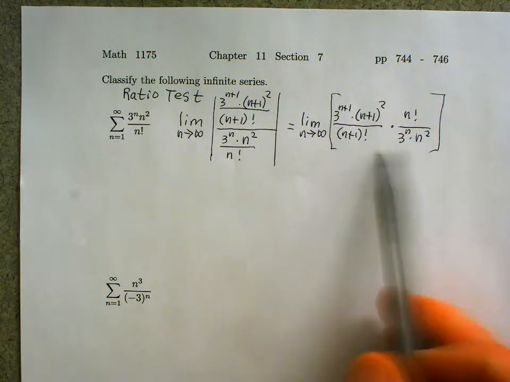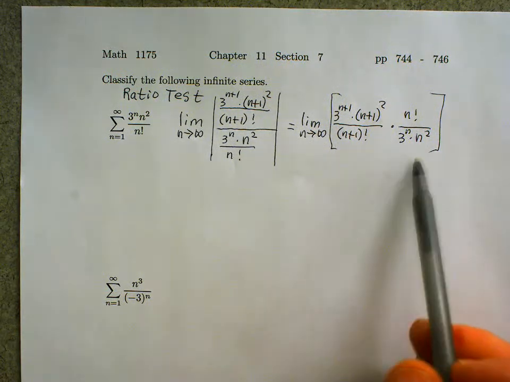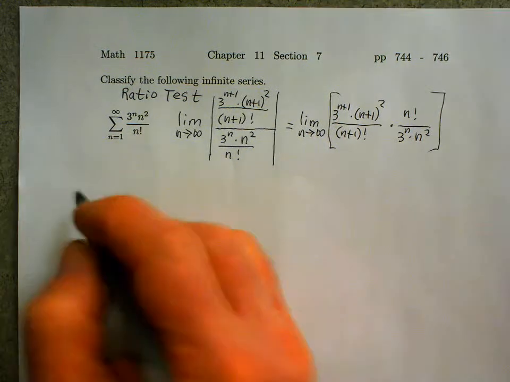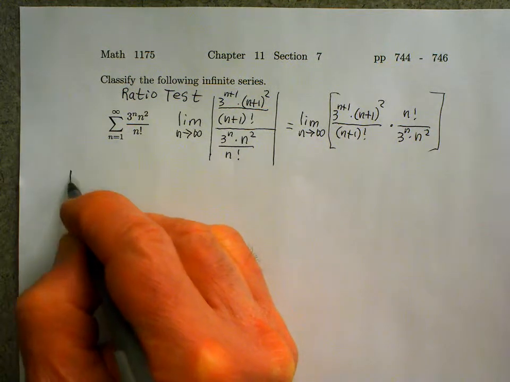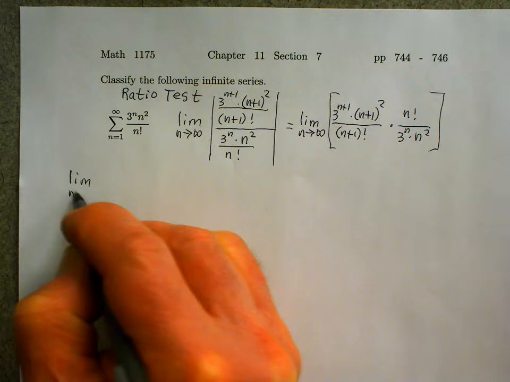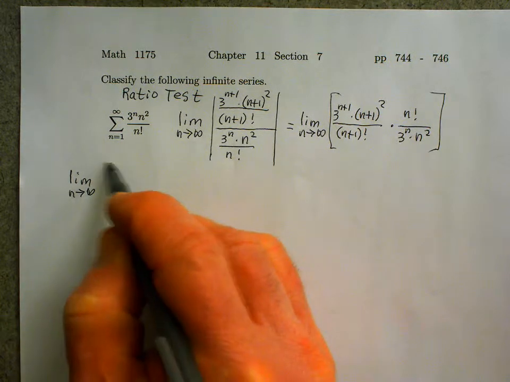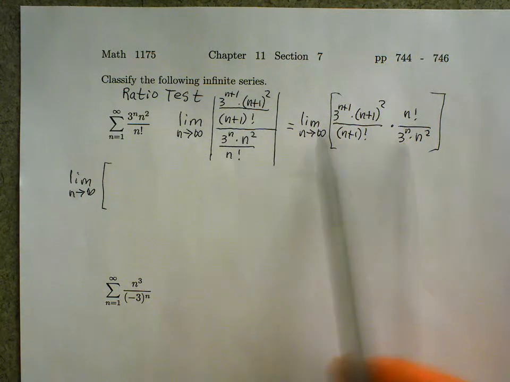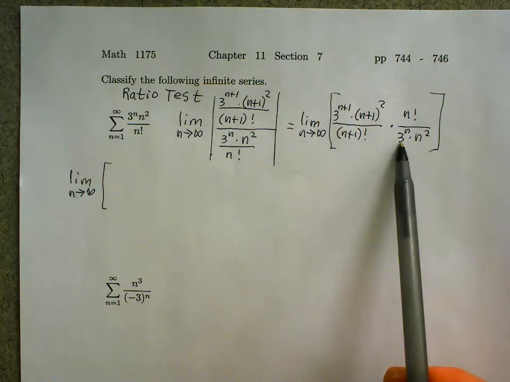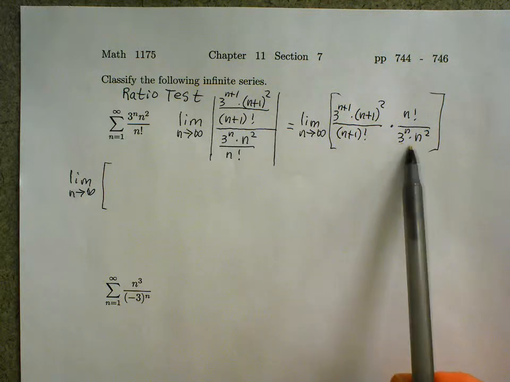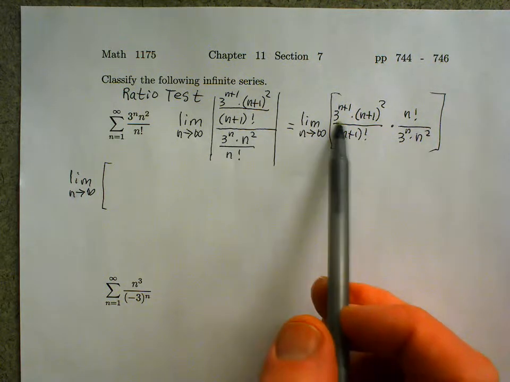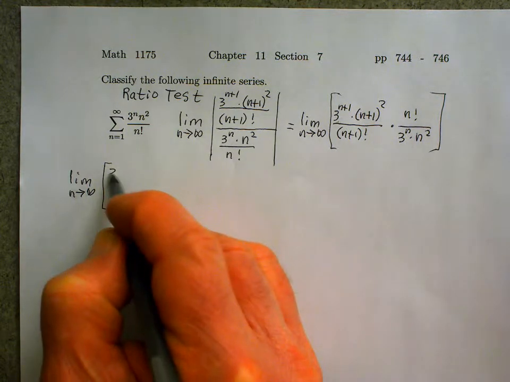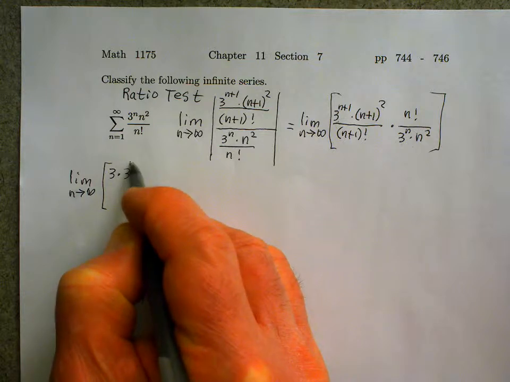We'll simplify this using properties of exponents and algebra and factorials. So we see we have 3 to the n plus first in the numerator as a factor, and 3 to the n as a factor in the denominator. So for now, let's replace 3 to the n plus 1 with 3 times 3 to the n.